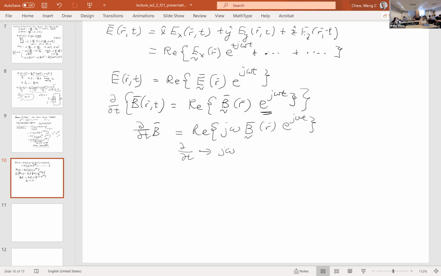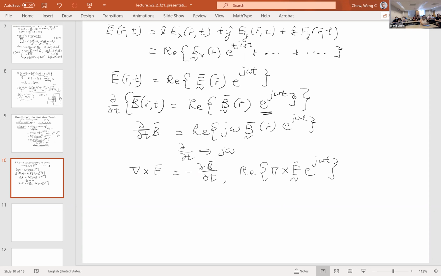And then Maxwell's equations are greatly simplified in the sense that, for instance, if I write down Ampere's law or Faraday's law, say Faraday's law, which is essentially just this, to be simple, then if I represent it with phasors, I can write this as the real part of the curl of E tilde times e to the j omega t.